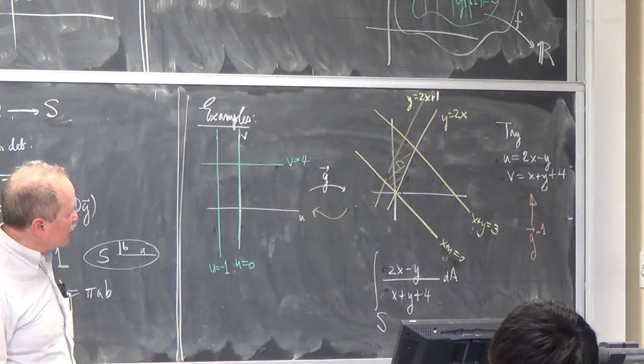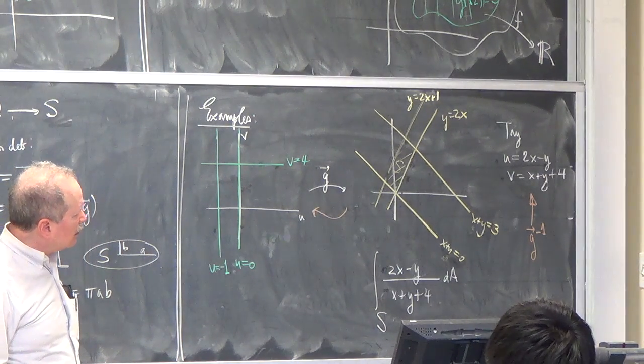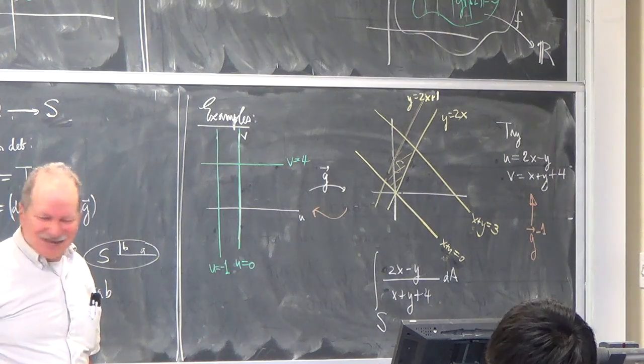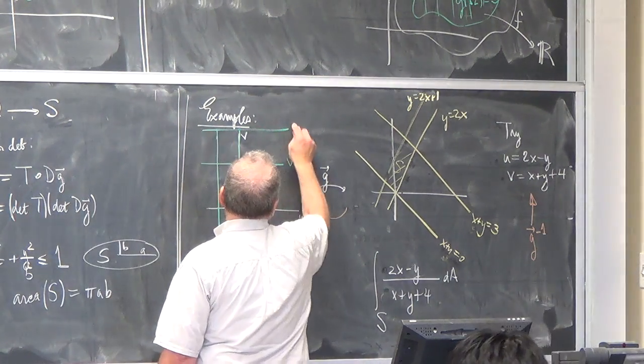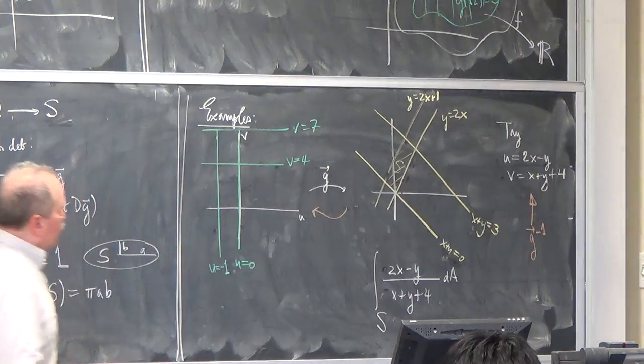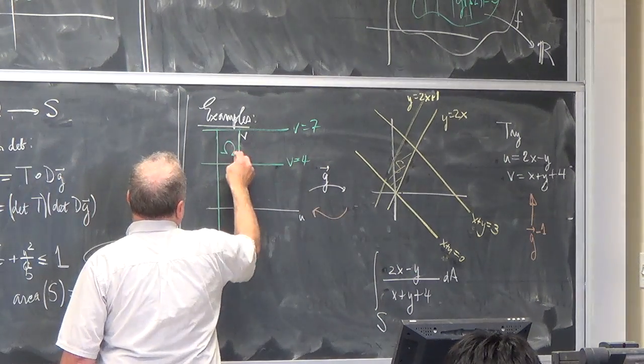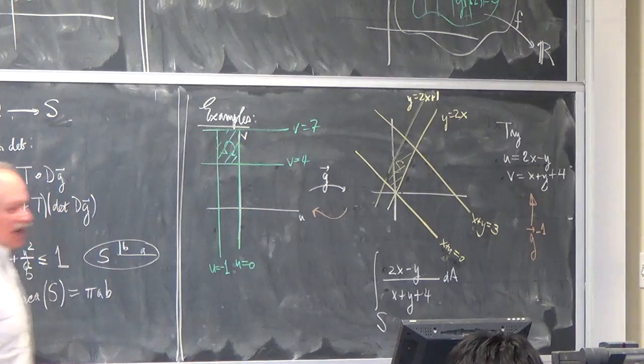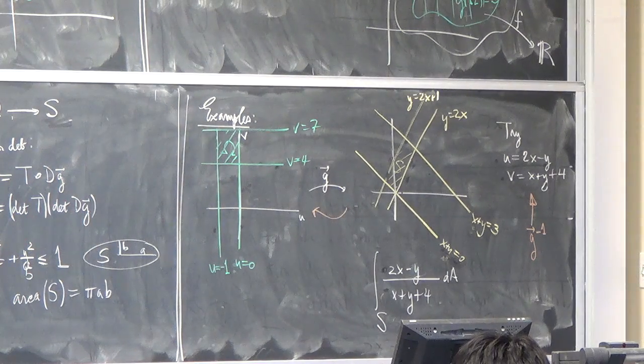That means v equals 7, right? So my scale isn't quite right here, but here's the omega. It's a nice rectangle that's mapping to S, under the mapping that I haven't written down yet.